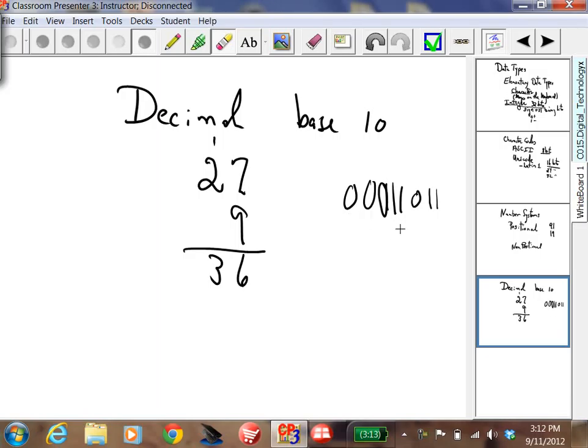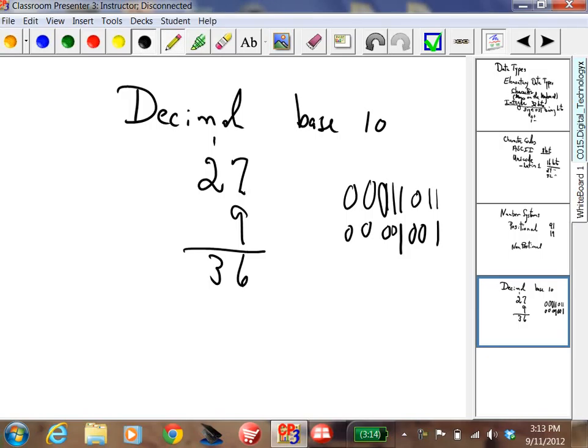So a 1, 0, 0, 1. We can add the 4 zeros at the top. Okay. Now, David, can you add for me the 9 and the 27 in binary?